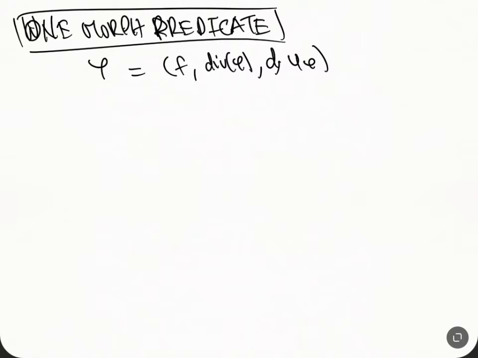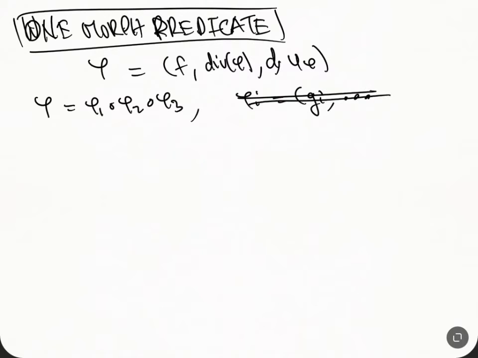So say phi is equal to phi1 composed with phi2 composed with phi3. And we'll suppose that phi looks like g_i, and then we don't really care what happens here. Okay, so suppose this.